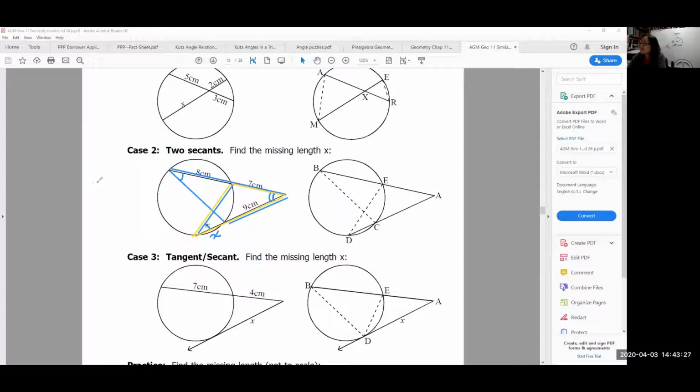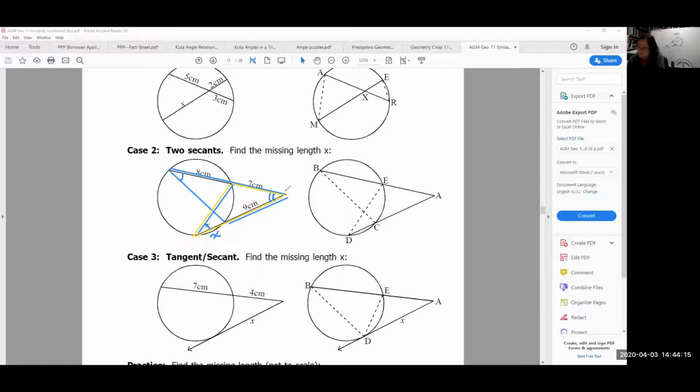On the little yellow triangle, I'm going to get 7, and let's just say on the little triangle, 7 is to 9.